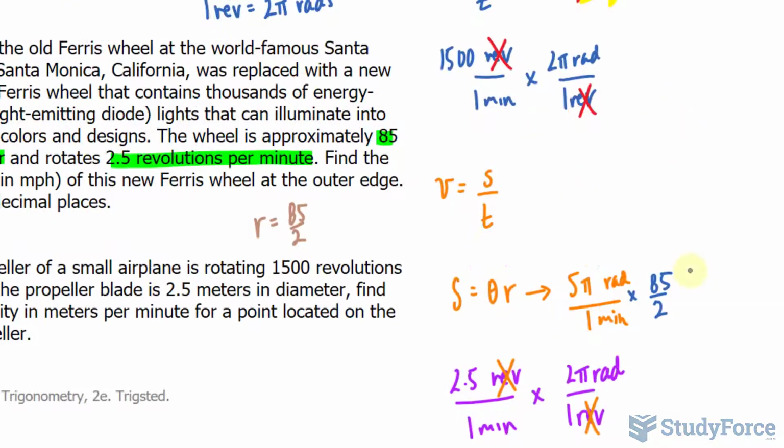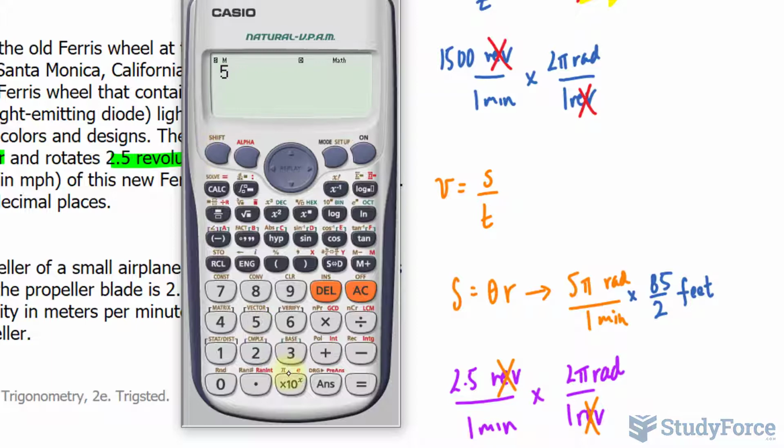And the radius is given in feet. So multiplying this all out, we have 5 times pi times 85 over 2, and that's approximately equal to 667.59, although we don't want to round just yet.